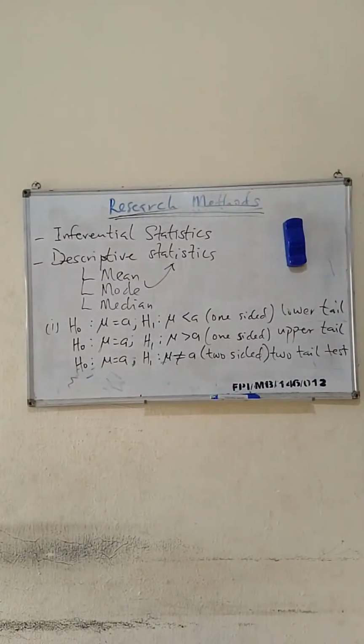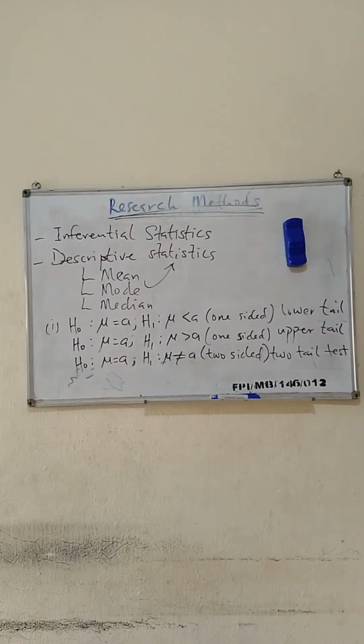Now, to continue, we want to look at the procedure we follow in applying some of these test statistics that I mentioned earlier, the inferential statistics such as the Z-test, the F-test, the chi-square test, the ANOVA, and the T-test. The procedure is that first, after having the research question, research problem, we make a statement of hypothesis.